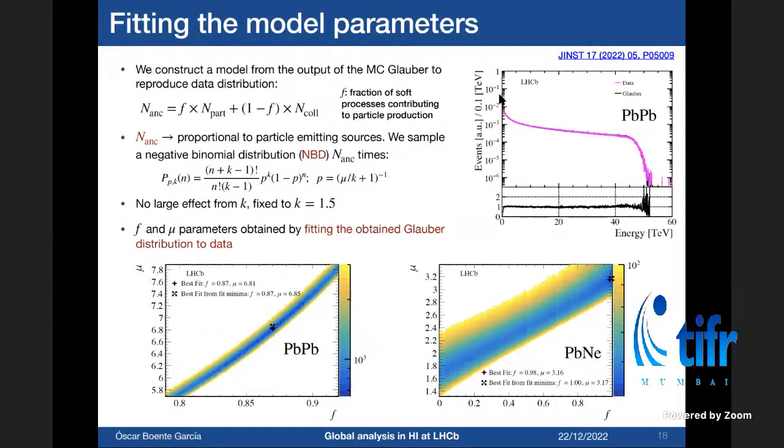There were some measurements from ATLAS and CMS trying to calibrate this with Z boson production, and they were seeing some deviations from the Glauber estimation, especially in the peripheral region. So you are very right.